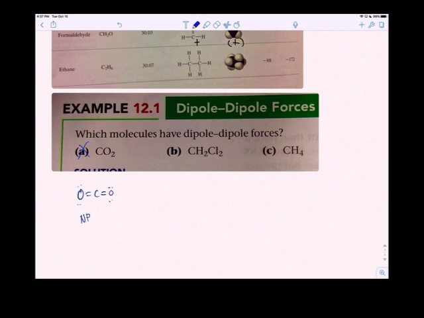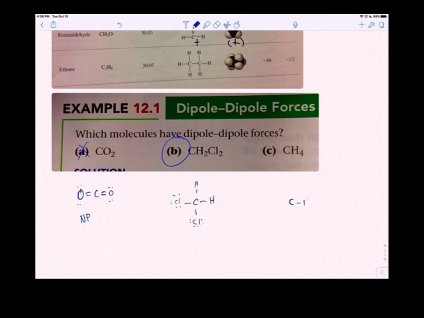Methylene chloride: you have carbon, hydrogen, chlorine, chlorine, and dots around the chlorines like so. This one does have a permanent dipole. It's a tetrahedral molecule, and since not all the atoms are the same, this one does have dipole-dipole forces.